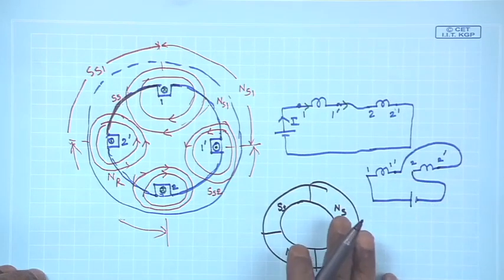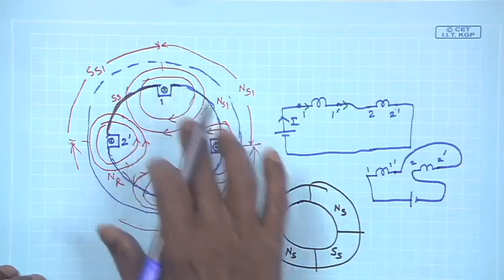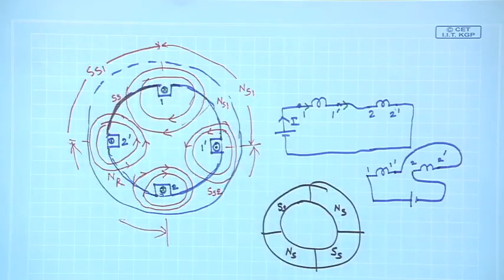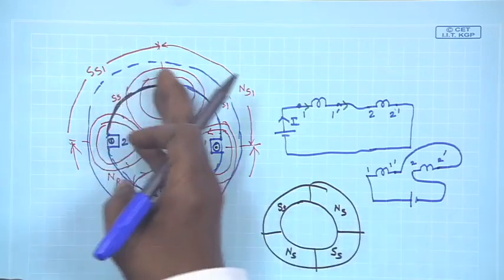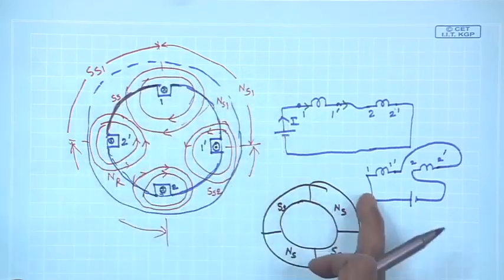Then what do we have to do? You have to first show the spatial current distribution, draw the lines of force, and conclude how many poles the same 2 coils produce when excited in this way.